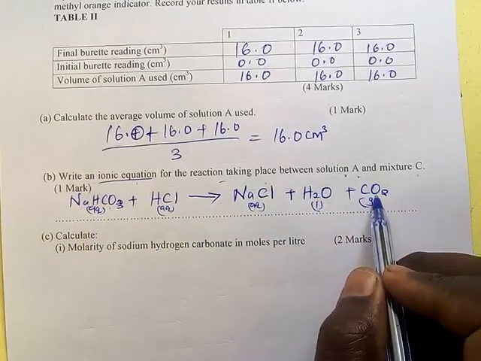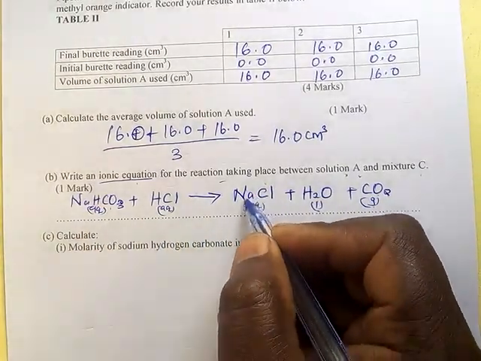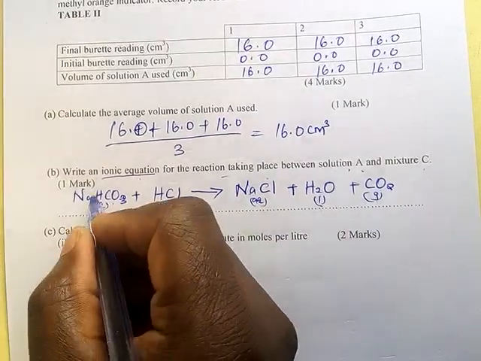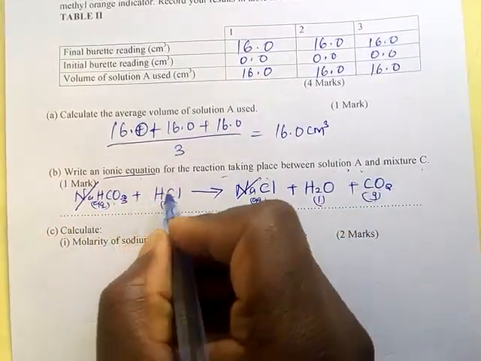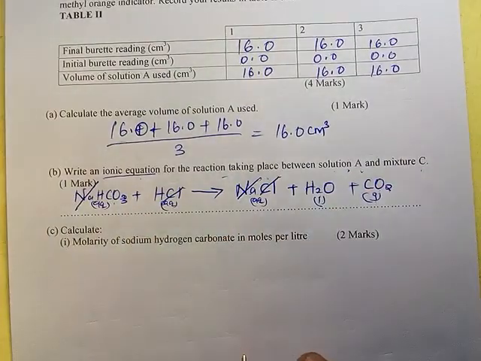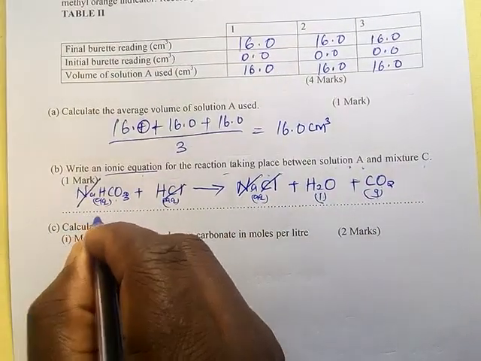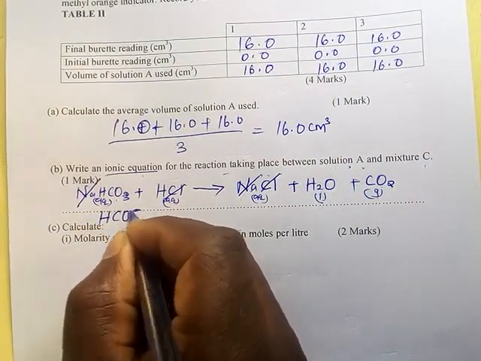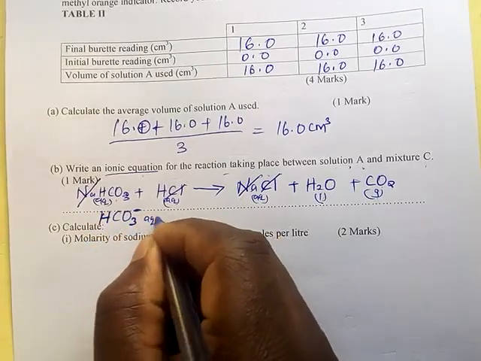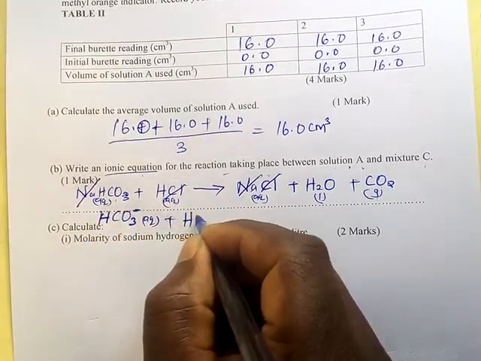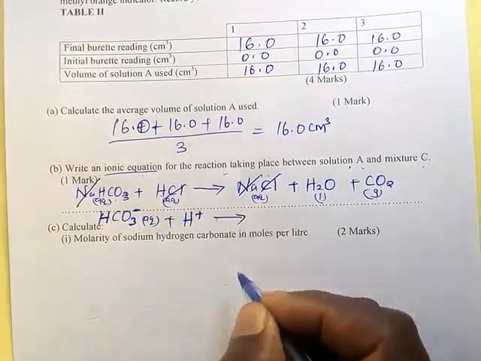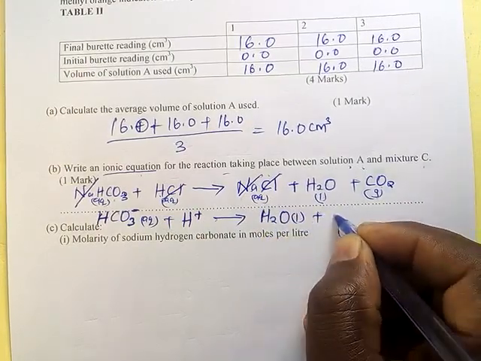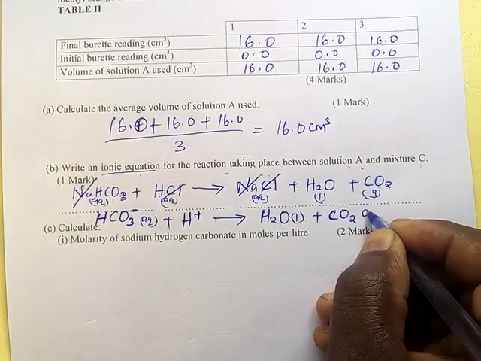So to make this work easier, I want to look for those ions that form water and carbon dioxide, because sodium is a spectator ion, and sodium will go, chlorine is a spectator ion too, so it is going to disappear. So we are going to remain with hydrogen carbonate, which is negative and aqueous, plus hydrogen ion, which is going to form water, which is a liquid, plus CO2, which is a gas.